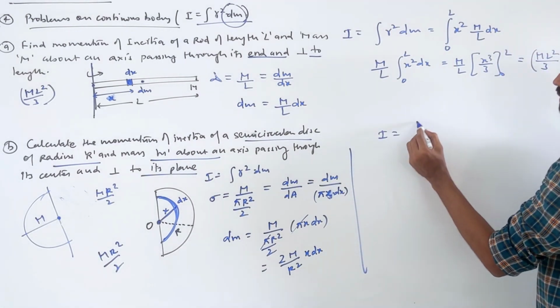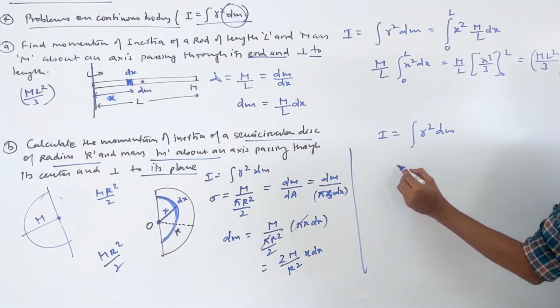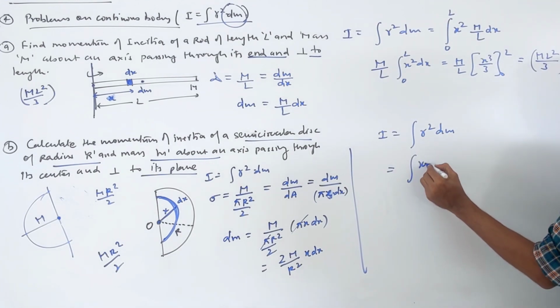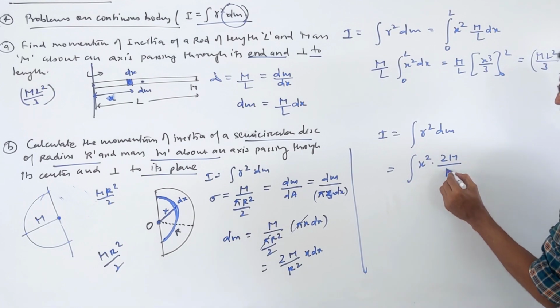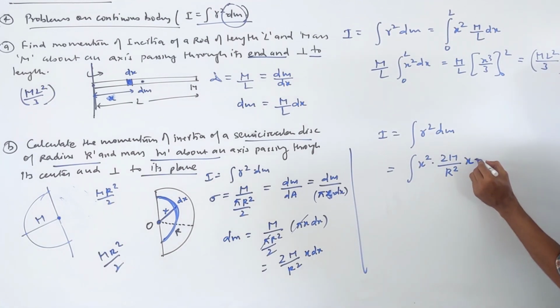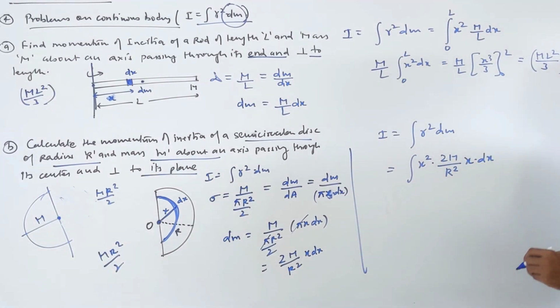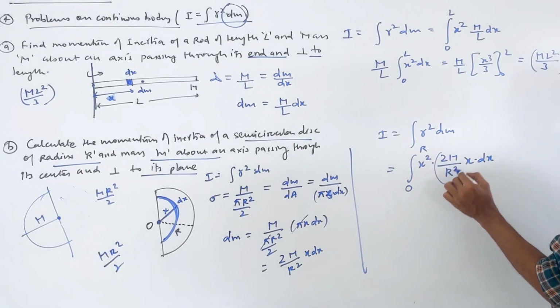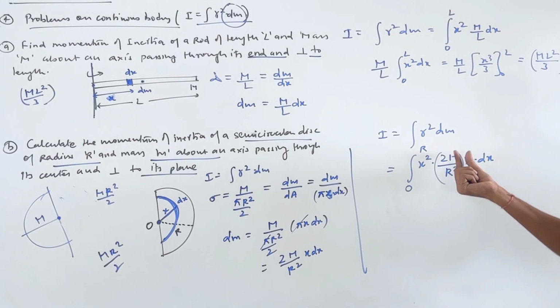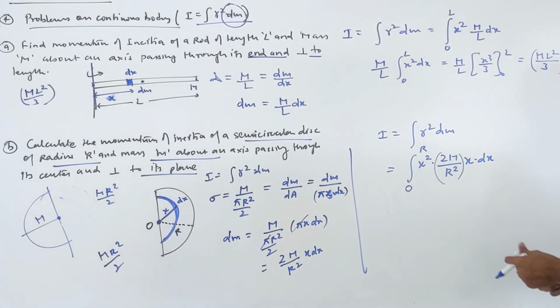So the integration will be r square into dm, where r means x square, the general distance, and dm is 2m by r square x dx. This goes from 0 to r. When you integrate, these numbers are constants, so let's take them outside.